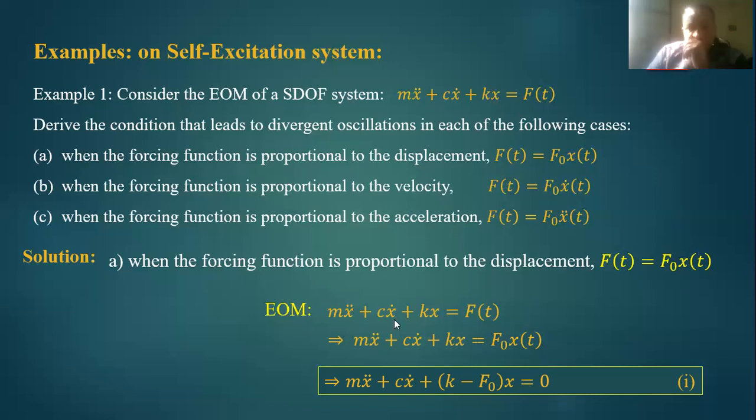Now the equation of motion becomes m x double dot plus c x dot plus k x is equal to f naught x of t. After rearranging, it becomes m x double dot plus c x dot plus (k minus f naught) x is equal to 0, because these are the same parameters. So this is the equation of motion for this case.